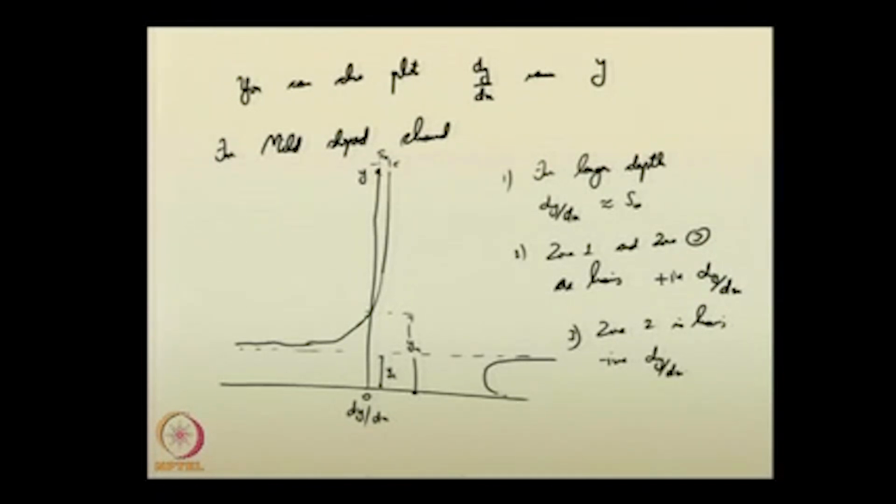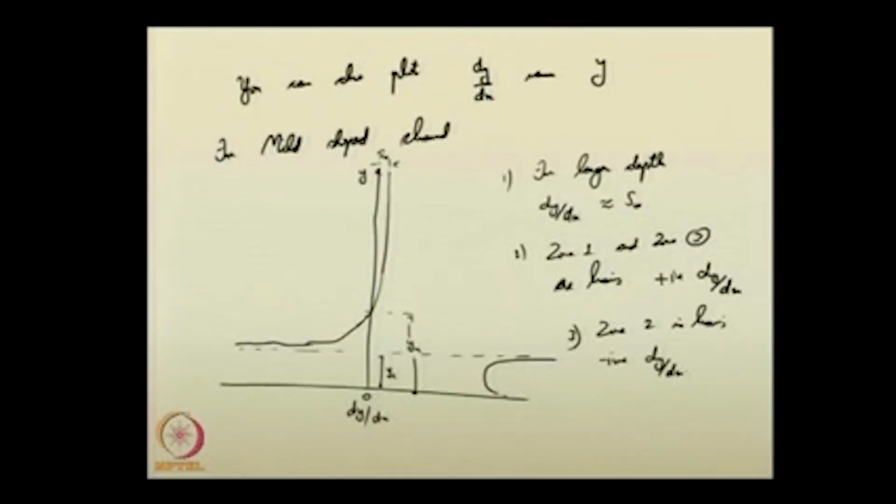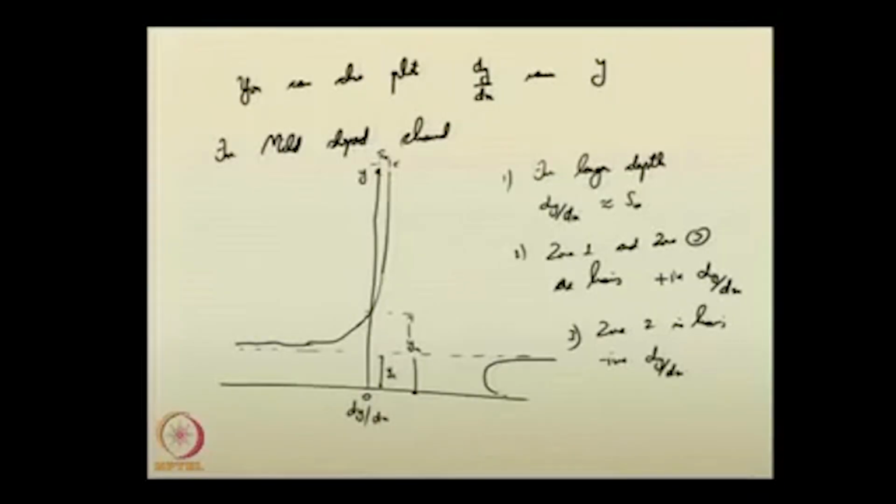This is always true, because from the curvature equation itself one can easily plot it and see. So, zone 2 will always have a negative dy by dx, which means it always assists a drawdown curve. You cannot have a backwater curve in zone 2. Similarly, zone 1 and zone 3 always assist backwater, meaning a rise in the water surface. So, the flow profiles one can easily visualize.